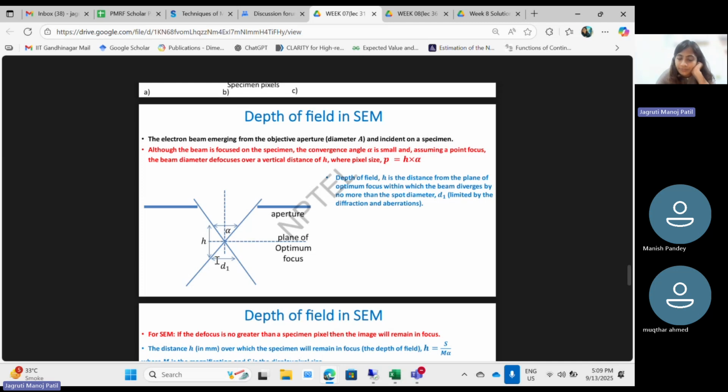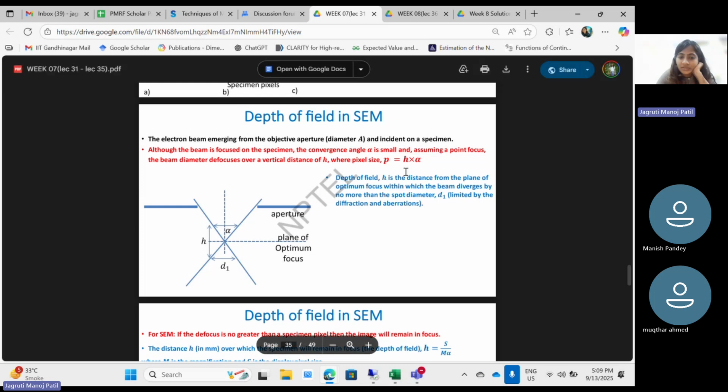Okay. So if this is an intersection plane and this is the height of your depth of focus, or your plane of optimum focus, it is the area where your focus would remain eventually the same. What it means is that you don't have any diffraction related effects in that particular volume. So your pixel size in that case is given by h times alpha. So h is, this is in terms of depth of field.